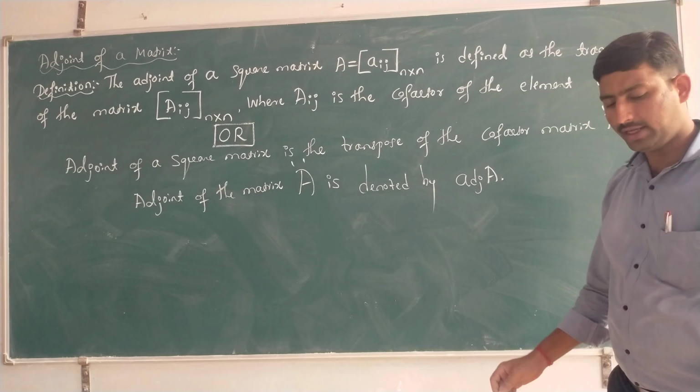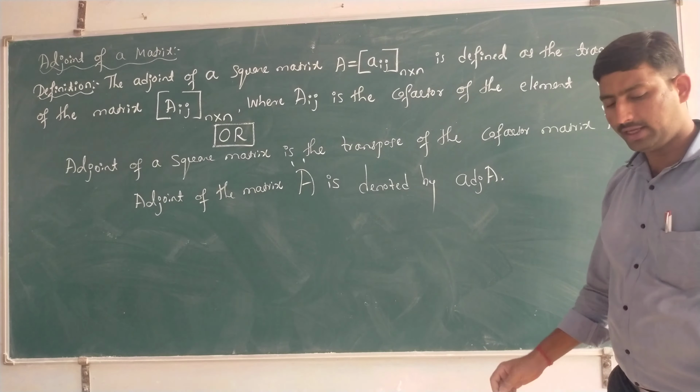First, the cofactor of 1. Cofactor of 1 is A11, the position sign is plus, into 4, which is equal to 4. After that, cofactor of 3 is A12. Position sign is minus, into 2, which is nothing but minus 2.